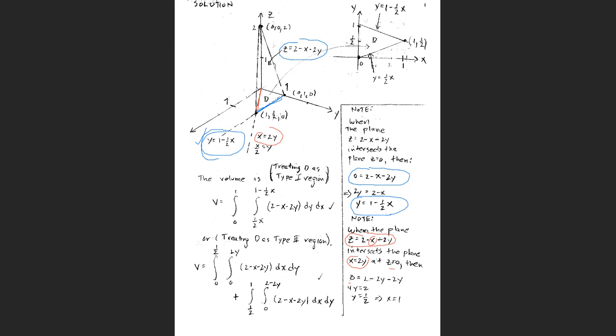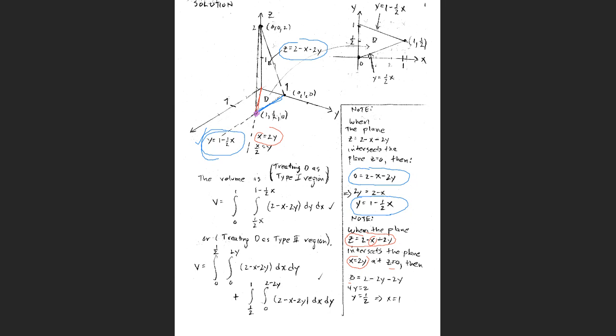Okay, so basically what I'm trying to do is justify why this point here has coordinates 1, a half, 0. It's because it's where the 3 planes meet.